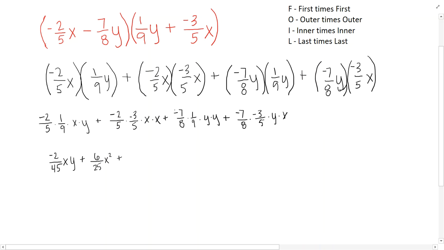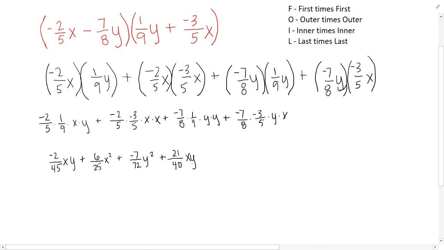And then -7 times 1 over 8 times 9 y squared. And lastly, we have -7 times -3 is 21 over 40, and y times x, which is the same as x times y, and I'm going to write it as xy since that's how we have the first one.